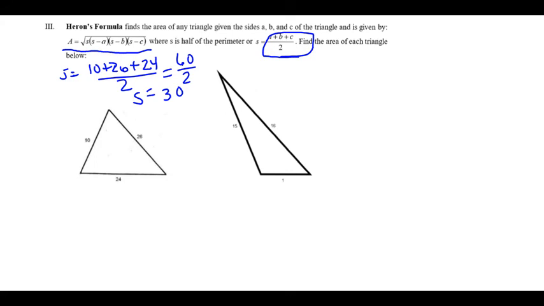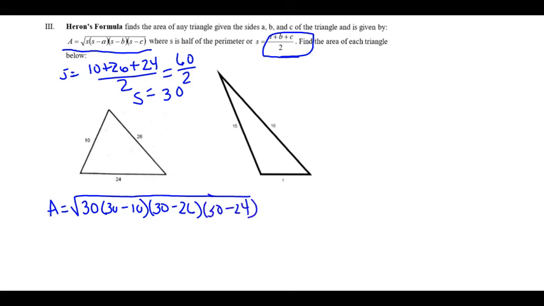And we're going to have A equals the square root of 30 times, and it doesn't matter what side you call A, B, or C. So I'm going to do 30 minus 10 times 30 minus 26 and times 30 minus 24. So that means we'll have A equals the square root of 30 times 20 times 4 times 6.